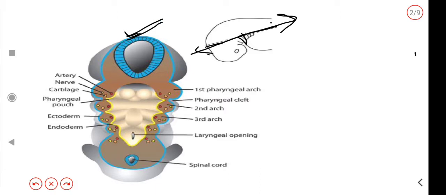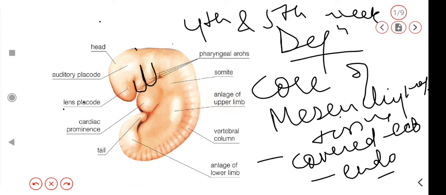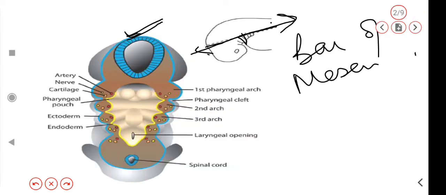In the 4th and 5th week of the development, initially we have a bar of mesenchymal tissue, which is separated by deep clefts on the outside, ectodermal clefts. Externally we have these deep clefts, and these clefts are termed as pharyngeal clefts.